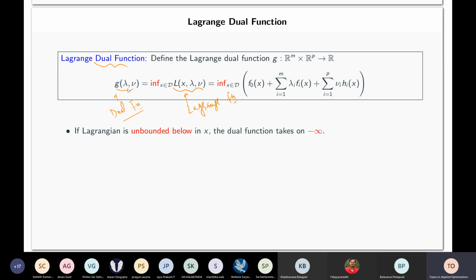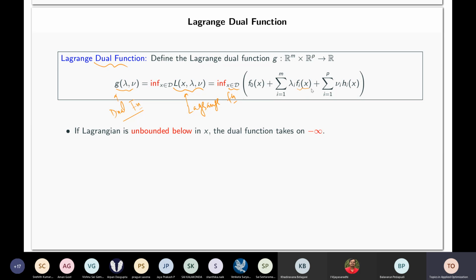So g of lambda, nu is the Lagrange dual function, and it's defined as the infimum of the Lagrangian, and it's an infimum over only x, not over the other dual variables. Or if we write the L fully, then this is the infimum of this guy. So it's an infimum over x only, right?